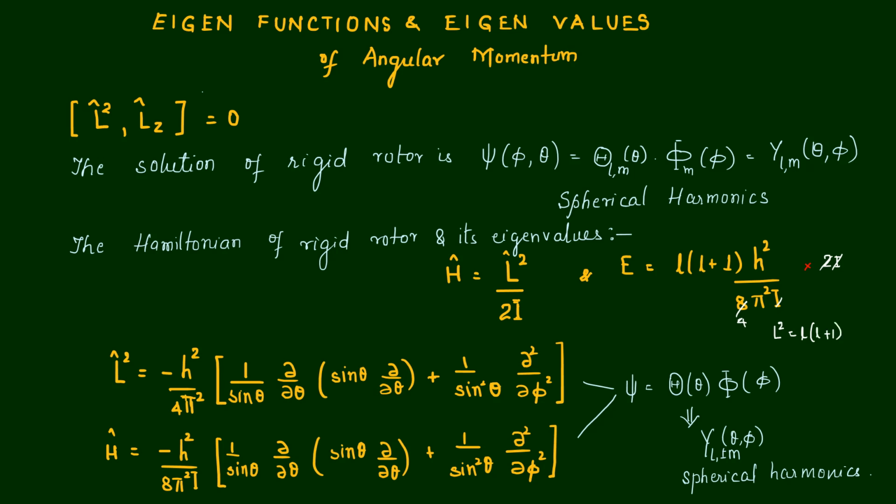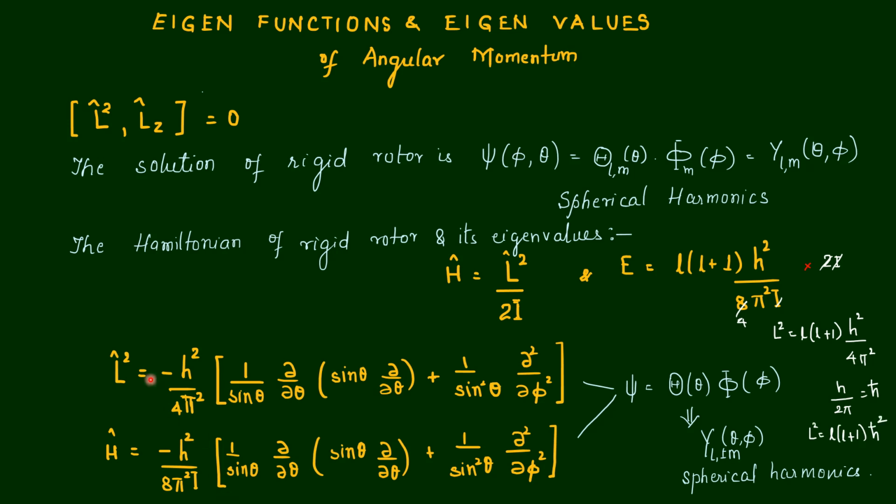This can be written as L(L+1) h square upon 4 pi square, and we know that h upon 2 pi is represented by h cross. So we can write the L square eigenvalue as L(L+1) h cross square.